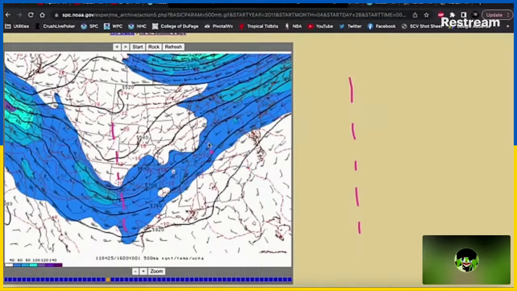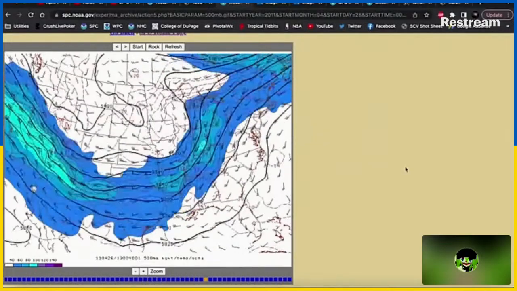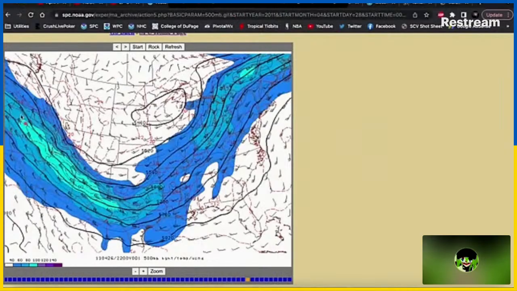So this big old trough was not going to move anywhere very quickly at all, and that's why we were able to sustain rounds and rounds of convection. As we go through the 26th and 27th, this trough is just sitting there, not moving at all. But we have these little short waves embedded in the flow that really helped kick off these rounds of severe weather.